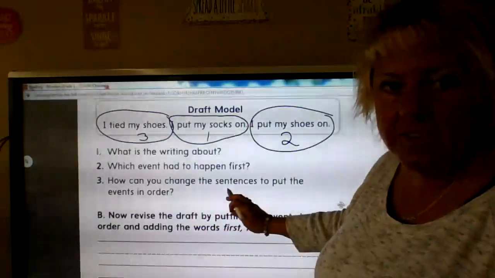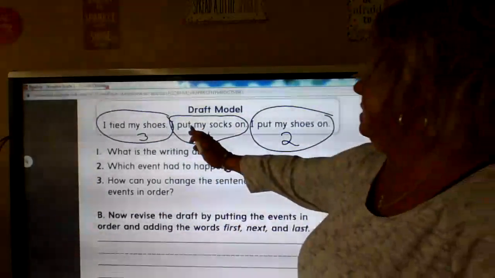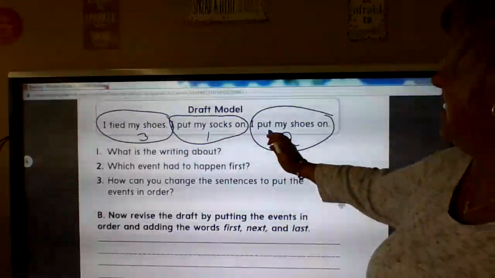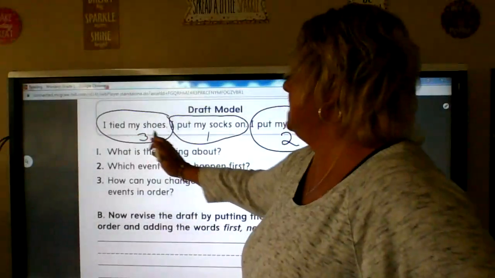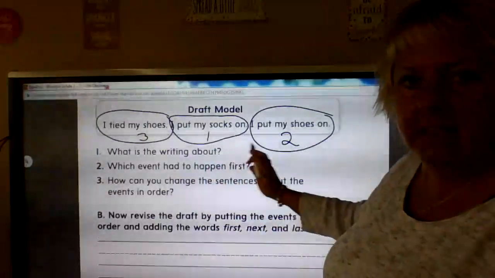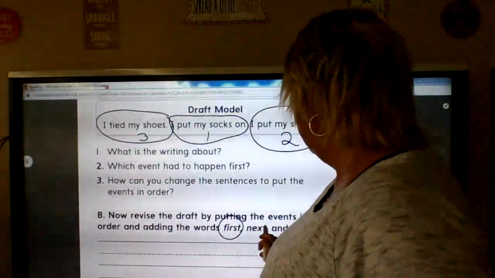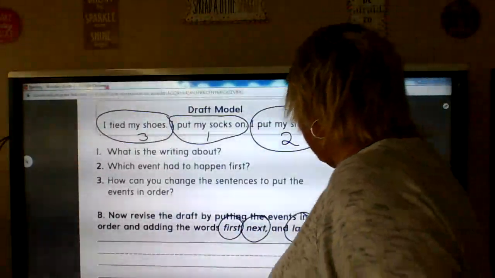How can you change the sentences to put the events in order? I put my socks on. I put my shoes on. I tied my shoes. Now, we're going to rewrite this, but we're going to add first, next, last.